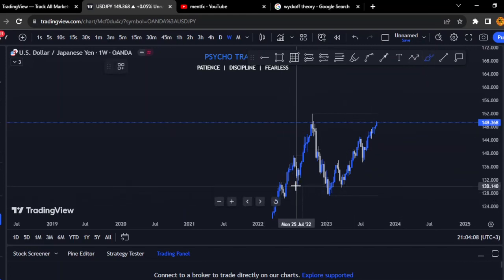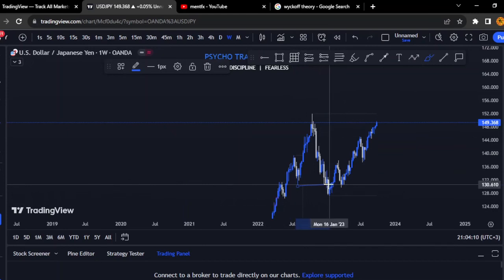So if we break a low, what I teach you on this public channel is, it doesn't mean that we are going short. It simply means that we are reaccumulating to continue to the upside if we are buyers. And if we are sellers, if it breaks a high, that means price is redistributing to continue to the downside. As simple as that.